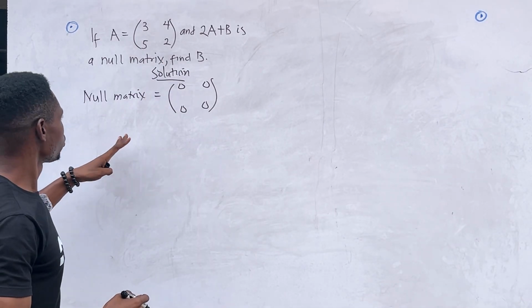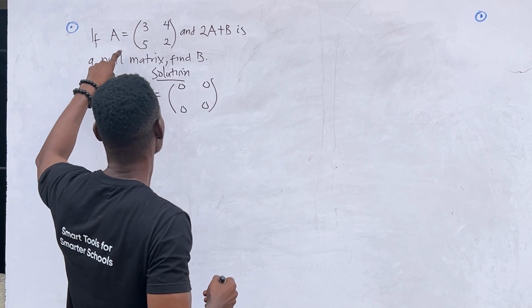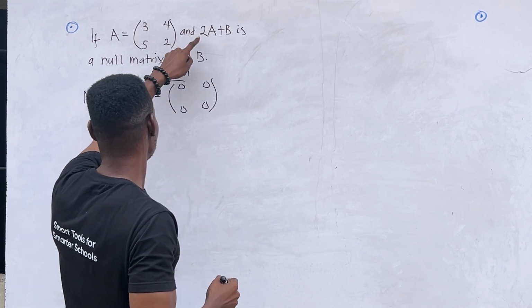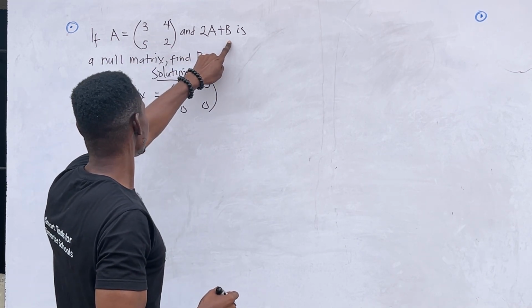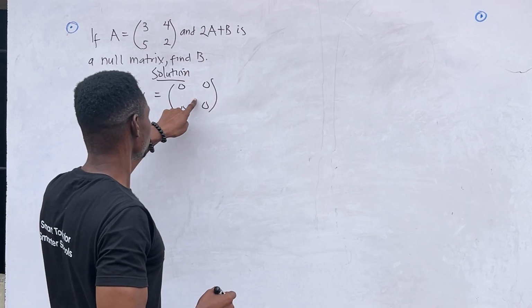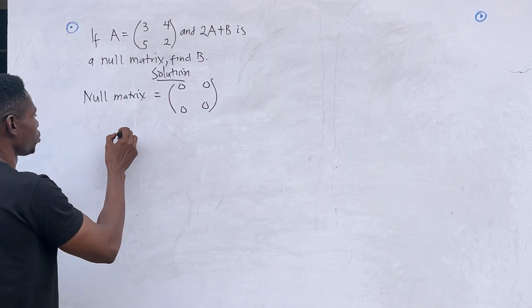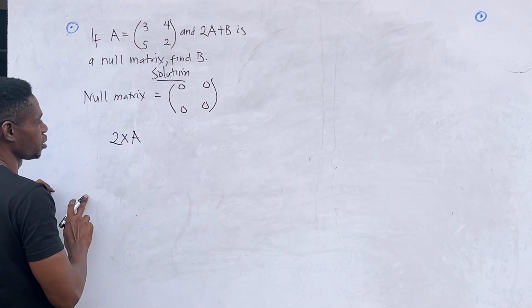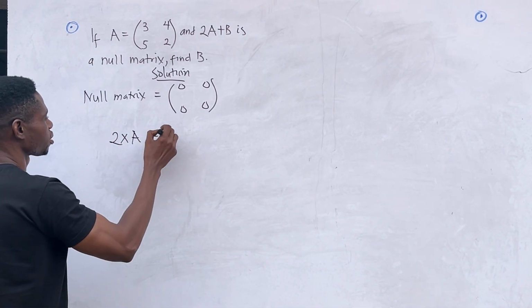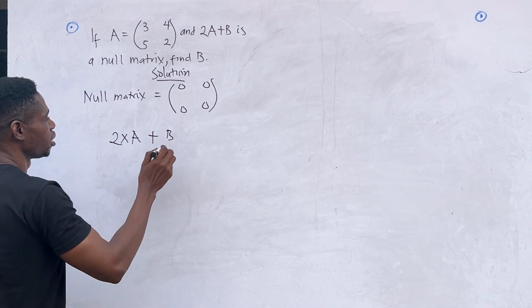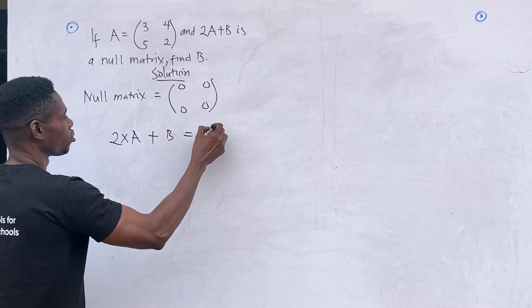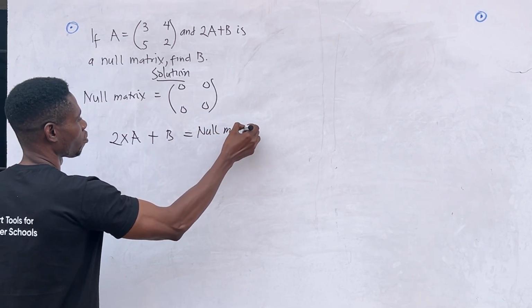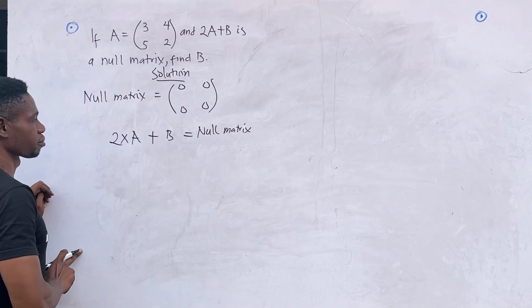Now, the question is interesting. It says that 2A plus B is a null matrix. So what it implies is that 2 multiplied by the A matrix plus the matrix B is equal to this null matrix.